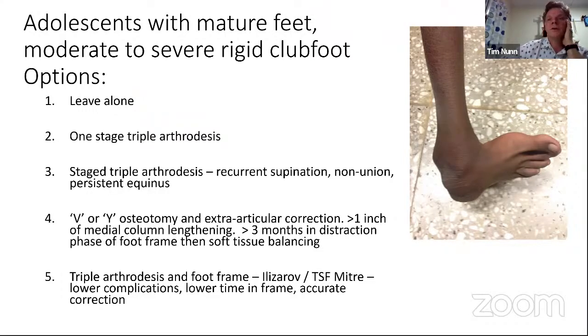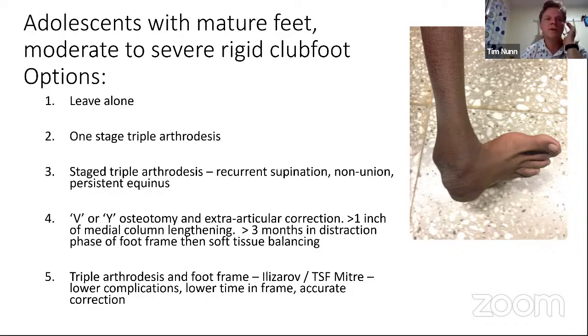In my experience, treating 2 or 3 of these cases this way, it's very painful and patients really are suffering. You can imagine the amount of distraction occurring on the medial side of this foot if you just do osteotomies and correction.